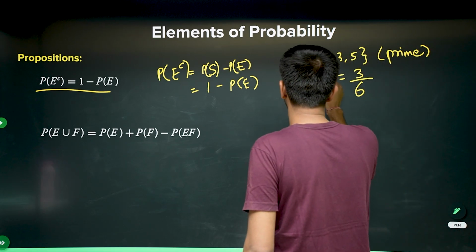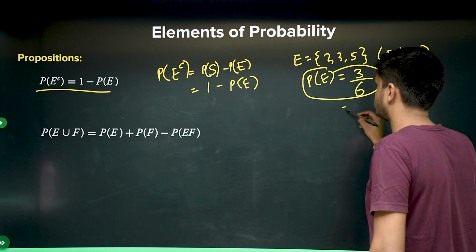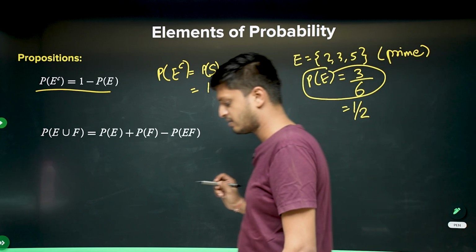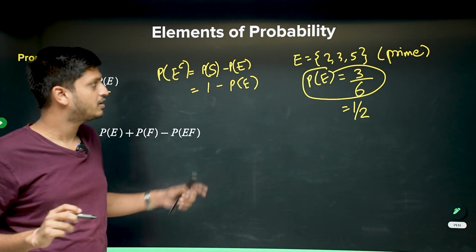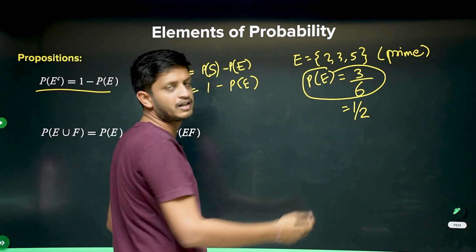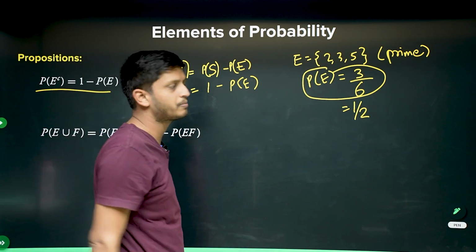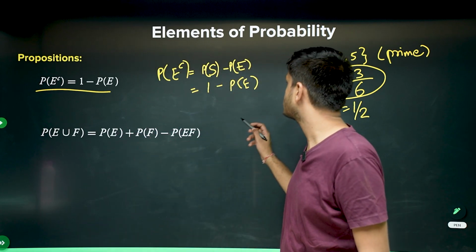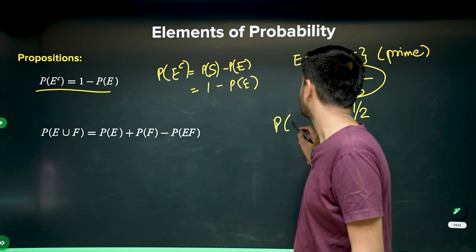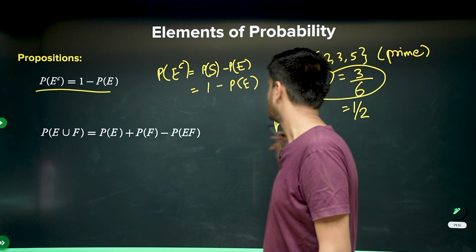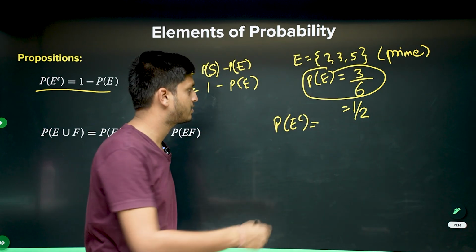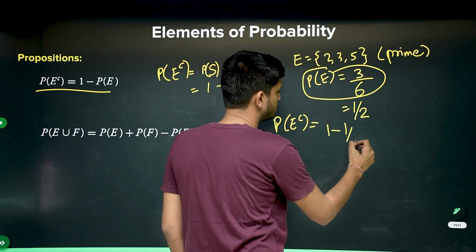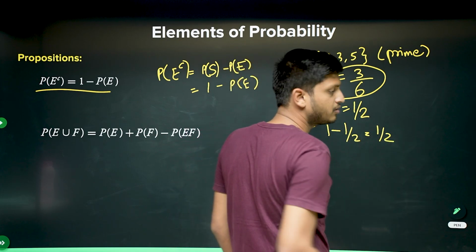So the probability of event E is 3 by 6, or 1 by 2. The cardinality of E upon the cardinality of the sample space is 3 by 6, which is 1 by 2. So in 50% of cases your event will be true. So what is the probability of E complement? The probability of getting composite numbers. So it will become 1 minus 1 by 2, which is 1 by 2 again. Okay.